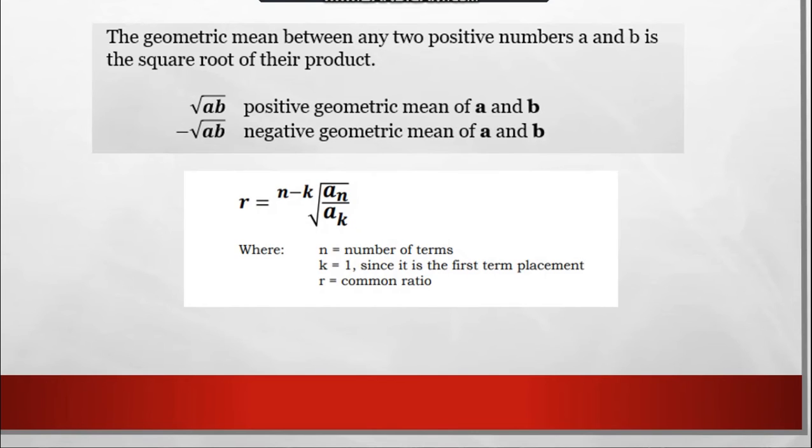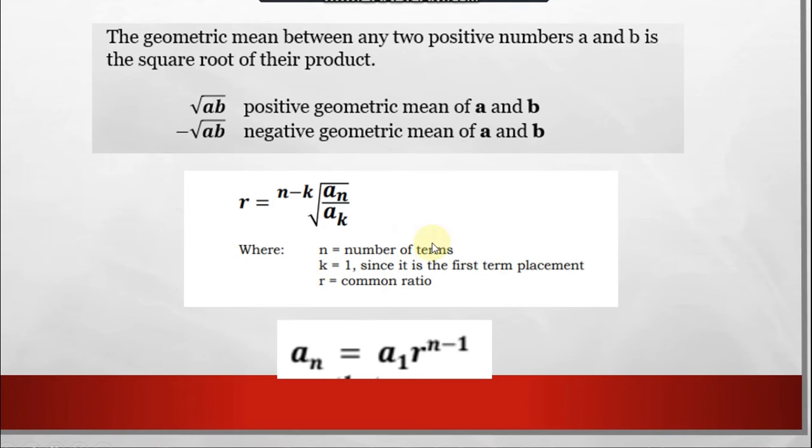So let's take a look at the ways of finding the geometric mean of the given sequence. We have the first one: the geometric mean between any 2 positive numbers, a and b, where a and b here are the extremes, is the square root of their product.